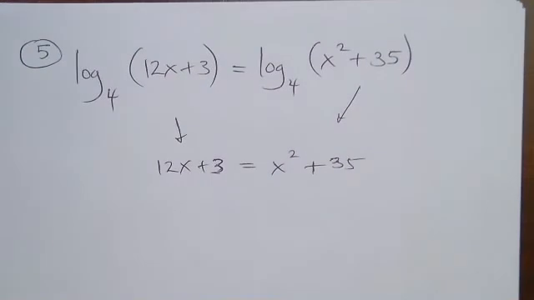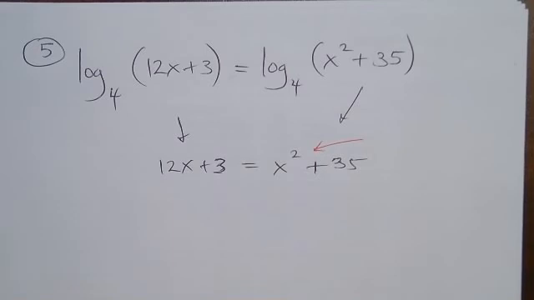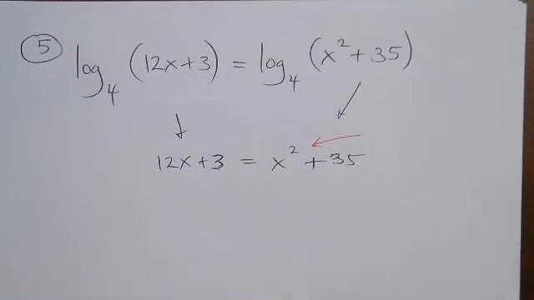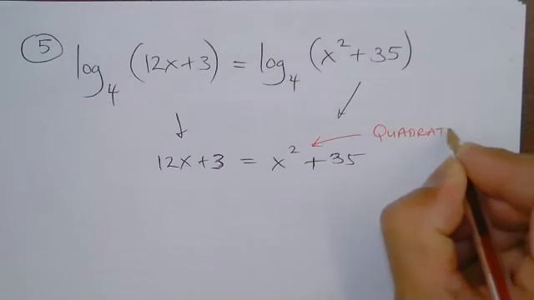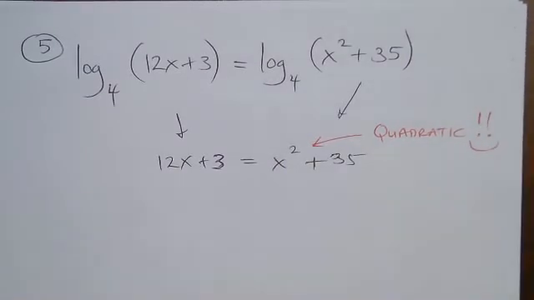How do you know at this point that it's not like one of those easy ones? The squared. You know what something squared means? That means you're going to get a possible, how many? 2 possible answers, right? At most. This is quadratic. Remember they call it quadratic.